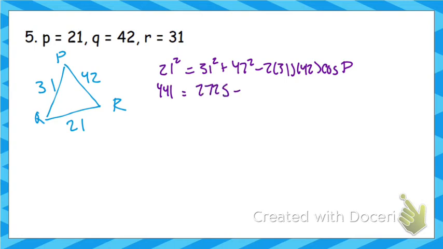And then 2 times 31 times 42, I can go ahead and multiply those numbers together. Just remember, they are still attached to cosine P. Now we can subtract 2725 from both sides. So 441 minus 2725 gives me a negative 2284.